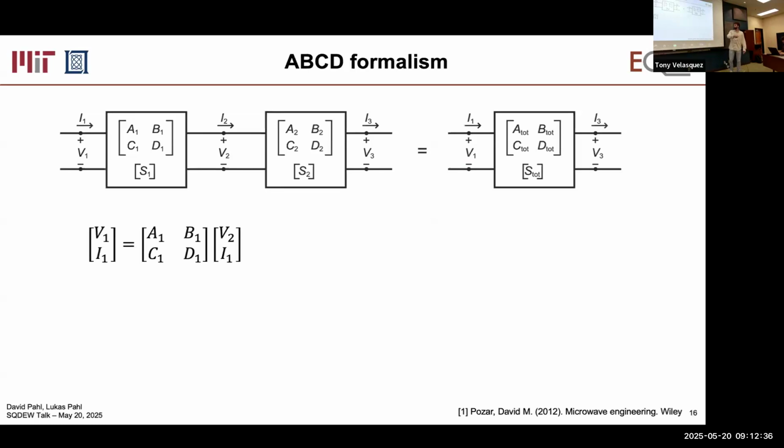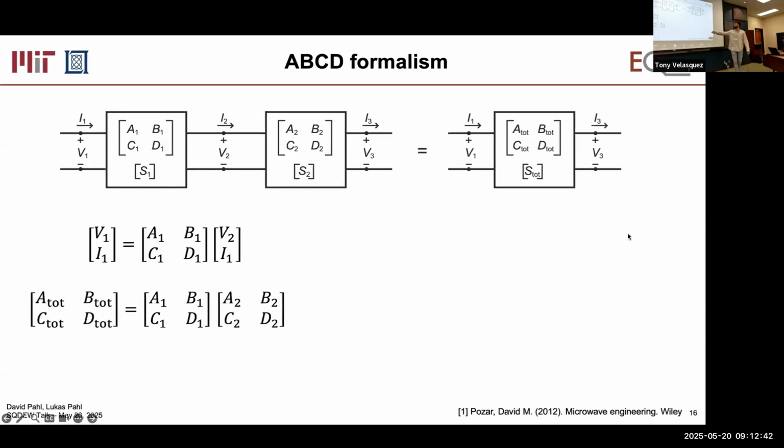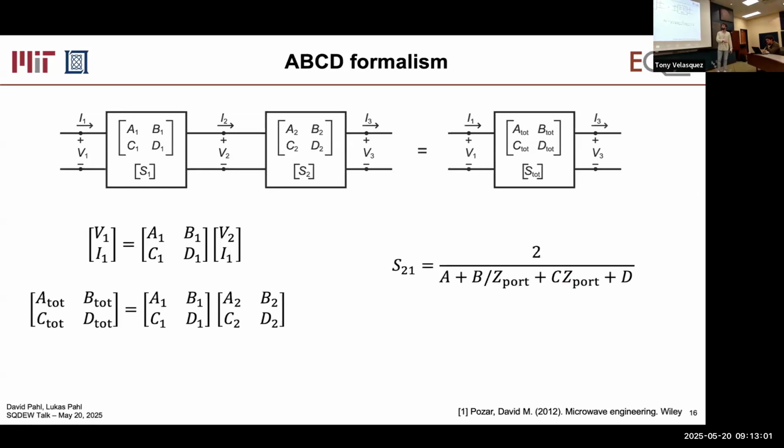But more importantly, they do that in a way that you can just multiply them together to get the ABCD matrix of the whole thing. Okay, so one ABCD matrix describes part of your network, and these different parts, you can just multiply these matrices together, and they describe the whole network.